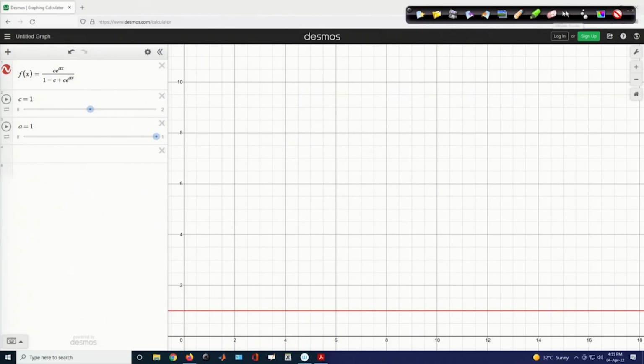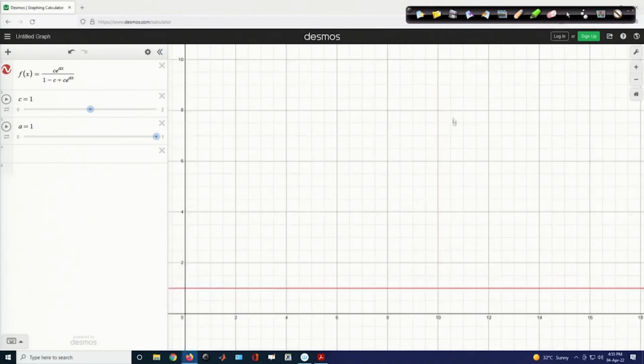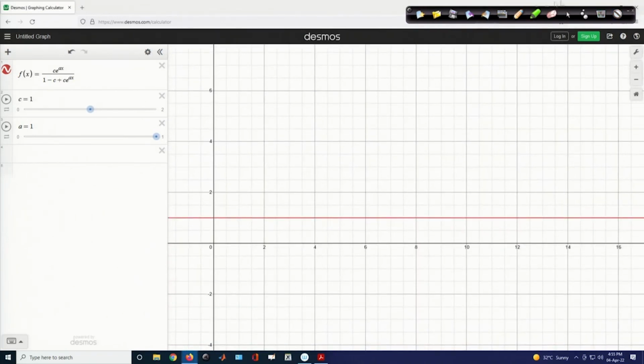Between these two regions, if I animate, what I will get is that as long as my initial population is between 0 and 1, I will see a growth, and if my initial population is larger than the upper stable equilibrium population, I will see a decay. This is the decay.